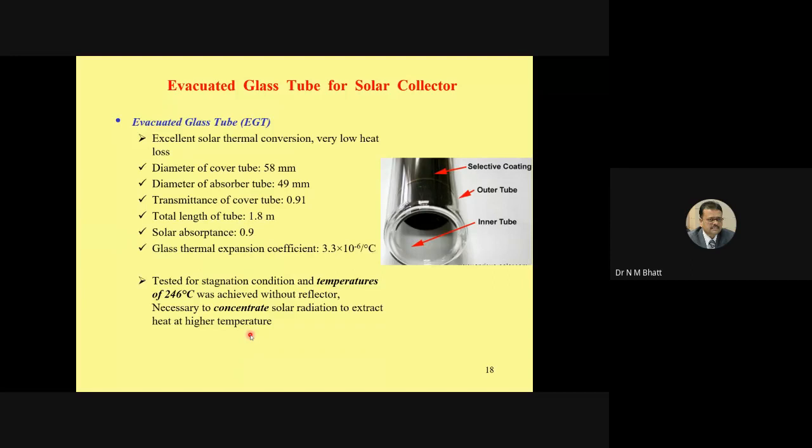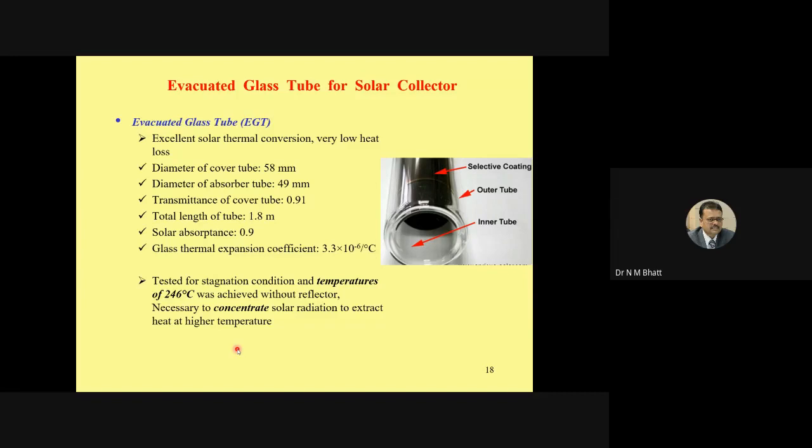Now suppose you want to get this air at 190 to 200 degrees centigrade. The target was to extract heat from this solar collector above 190 degrees centigrade for 6 hours of solar operation.